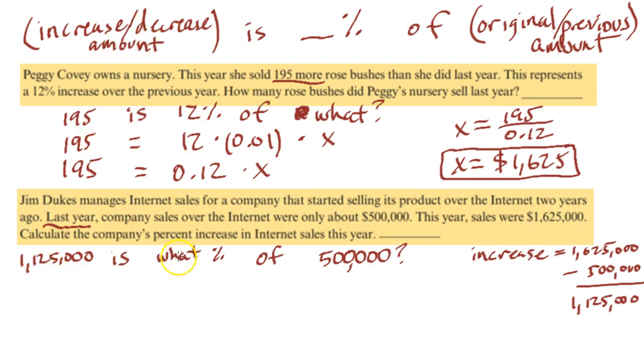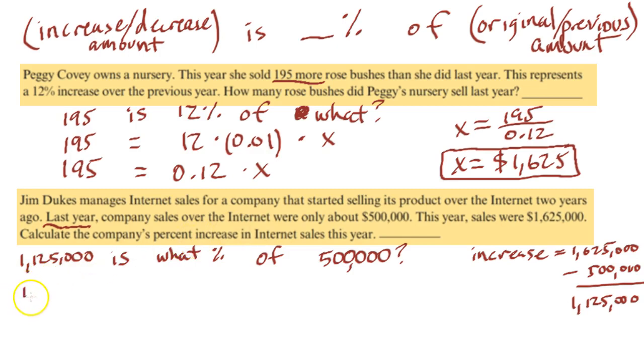Is what percent, that's what we're solving for, of the original previous amount. We put that in there. Okay, so we filled in the blanks, and now we can find how much the company's percent increased in internet sales this year. As we can see, that's a huge increase compared to the previous year. So this percentage is going to be huge.